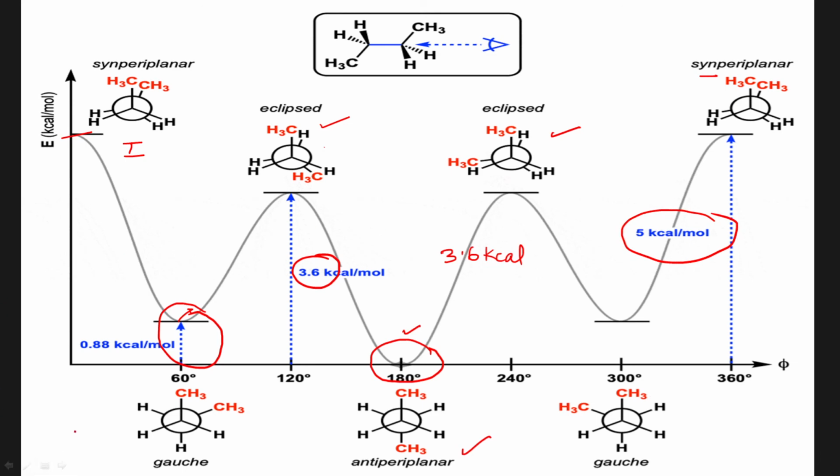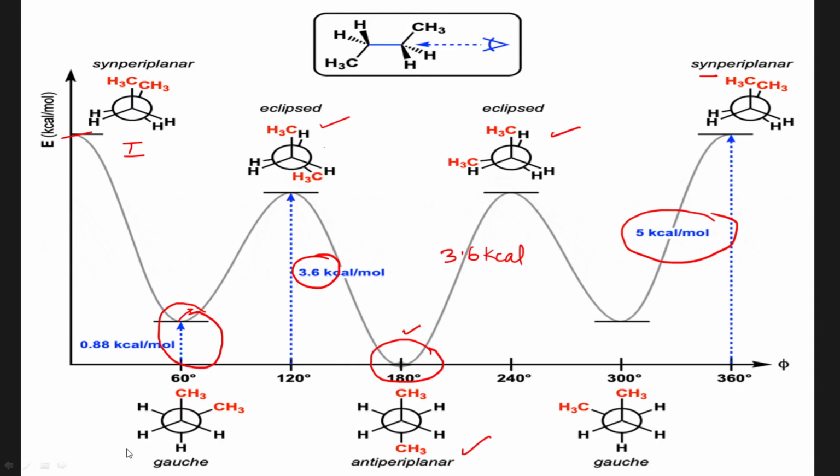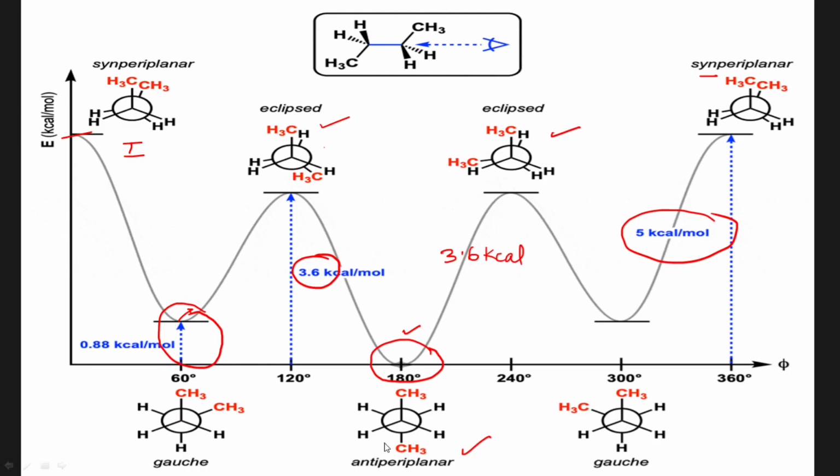Now, if we are looking at the order of stability of all the structures over here, let's try and figure out the order of stability, guys. The order of stability over here is going to be, in the first case, the most stable is going to be the anti periplanar, which is at the lowest energy.